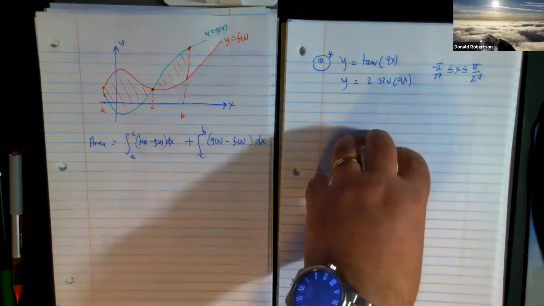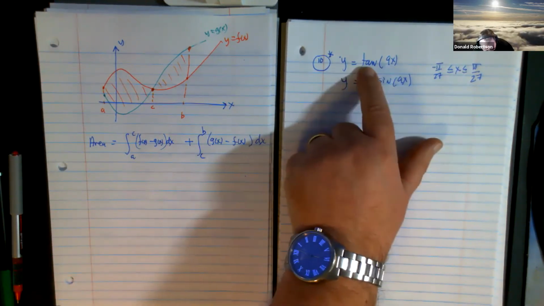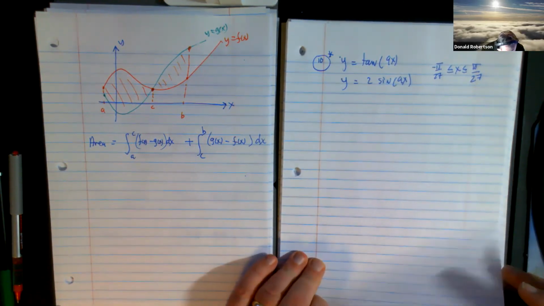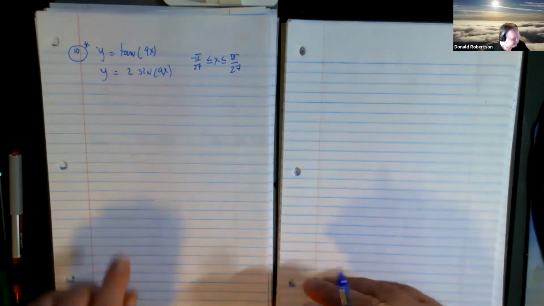I'll tell you a little bit about how you deal with integrating the tan of 9x, and then I'll leave it hanging like that, and put the PDF up at the finish. So hold that thought, we're going to do Desmos.